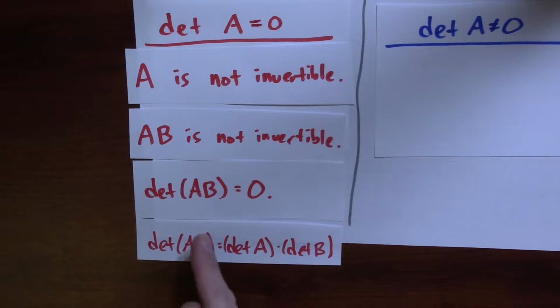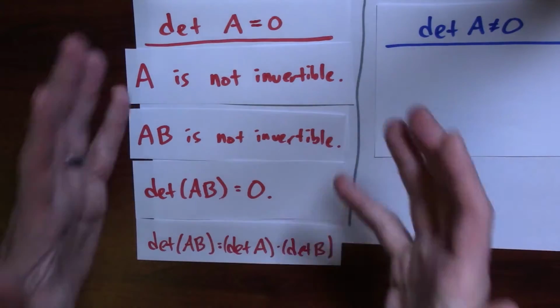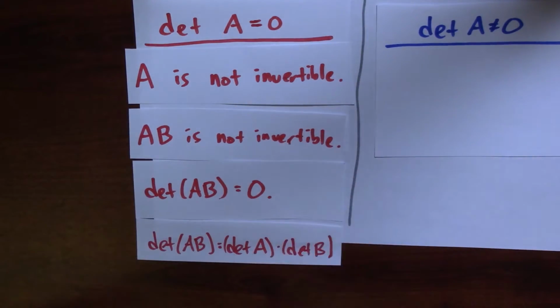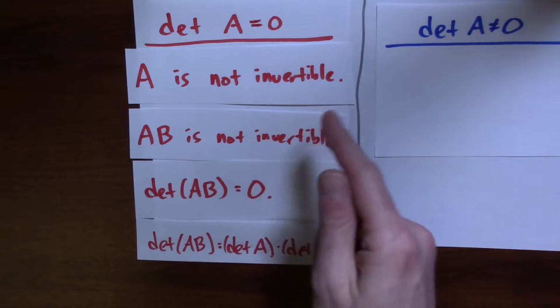Because in this case, the determinant of AB being 0 is 0, which is the determinant of A times whatever the determinant of B is. Now, each of these steps requires some kind of proof. In particular, you have to already know how the determinant vanishing has something to do with invertibility.